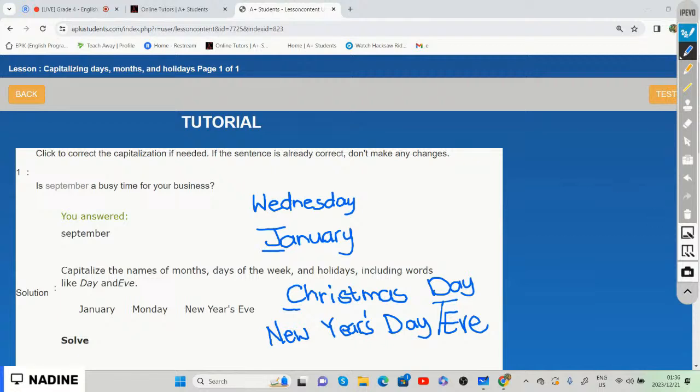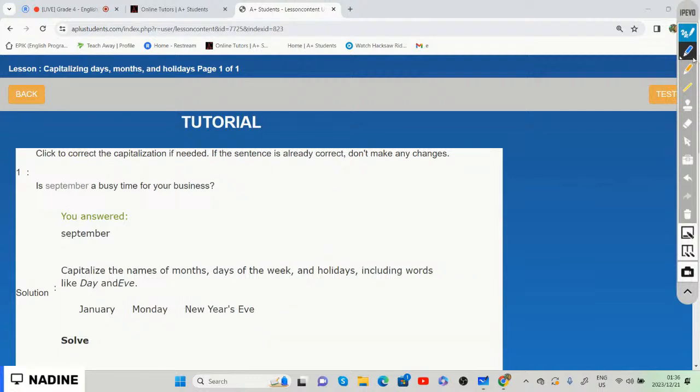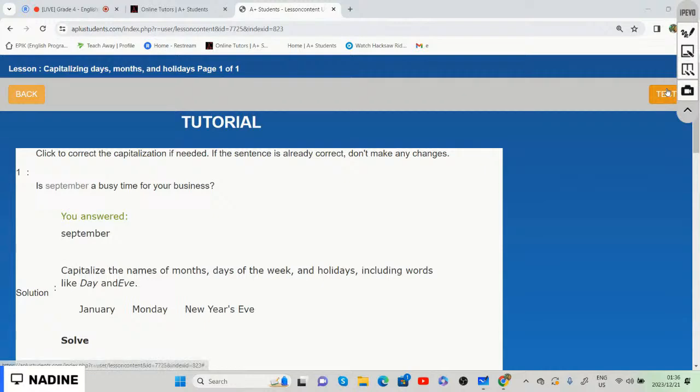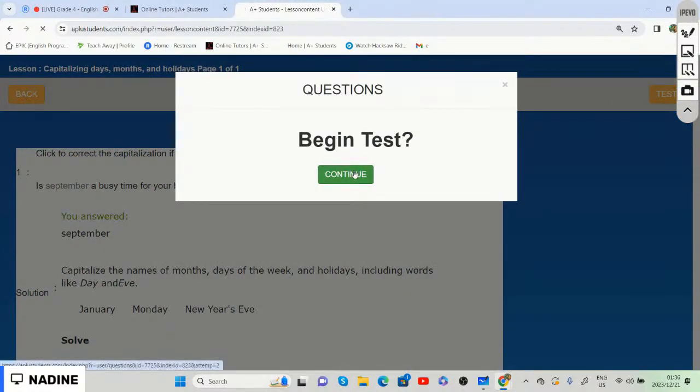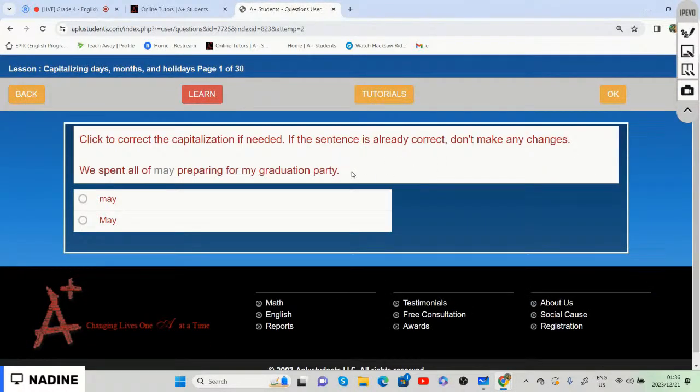All right, so now we're going to go on to our test. Now we need to click the correct capitalization if needed. If the sentence is already correct, then don't make any changes.